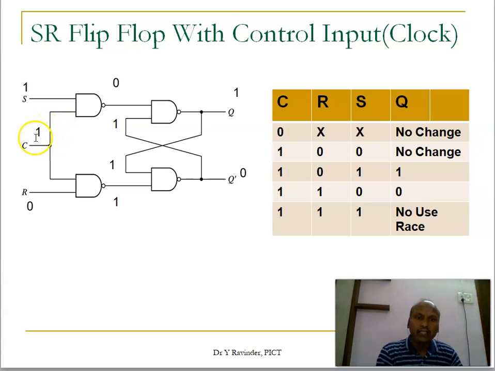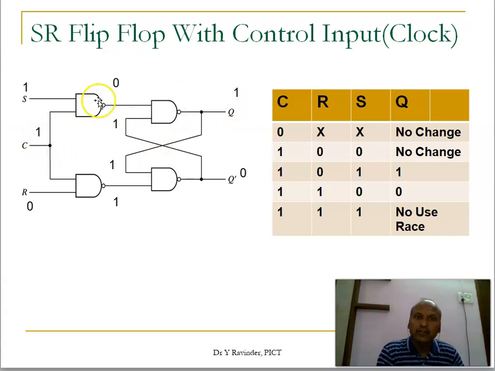So if I make this 0, this becomes 1 and this becomes 1. So if this is 1 and this is 1, if this was 0, this becomes 1, and 1 1 becomes 0. So there won't be any change.